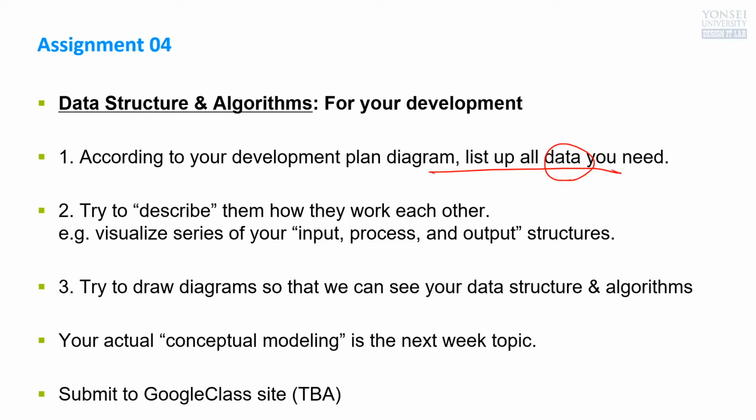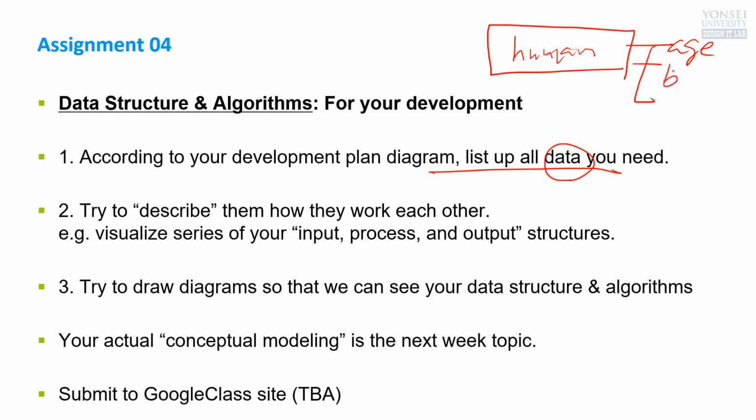So if your data is, for example, human data, this is your data, your entity, and you can describe it. For example, properties: age, birth date, birth year, and hair color, or something more.